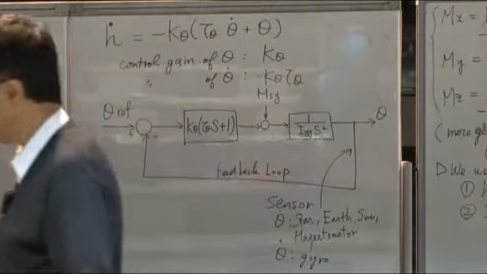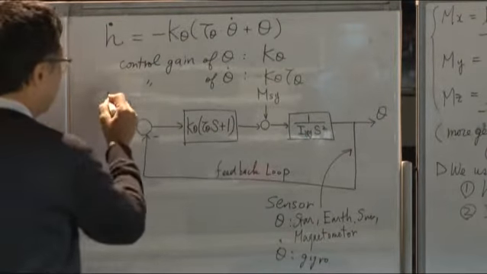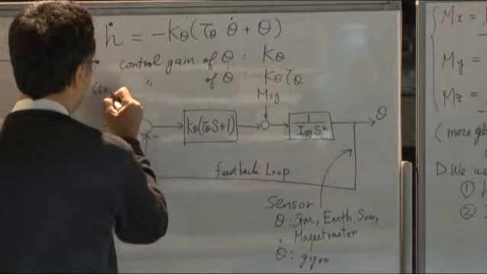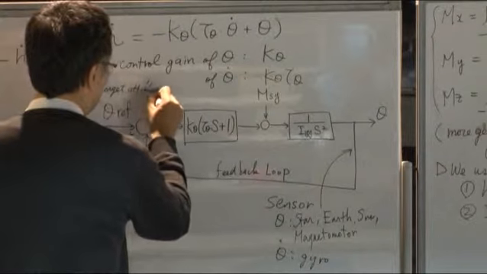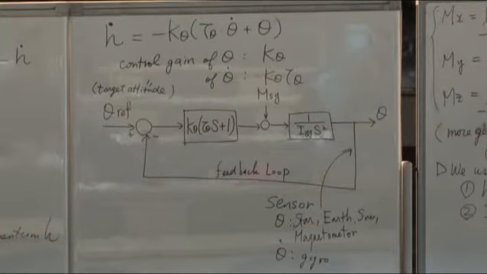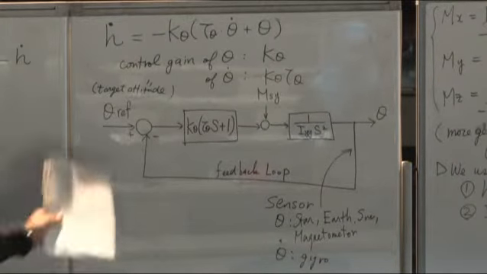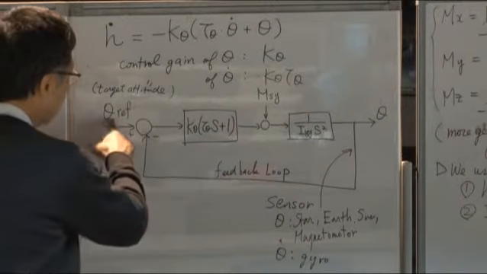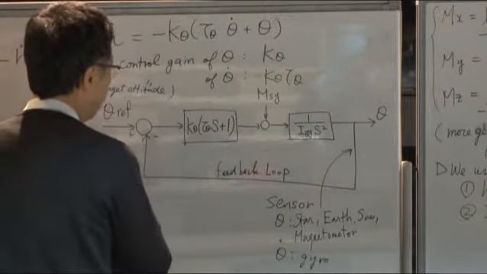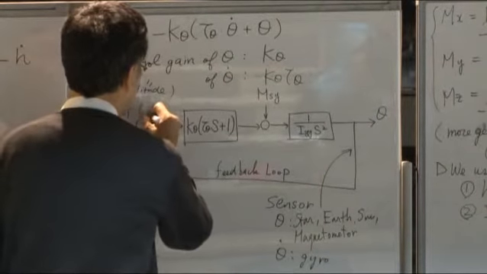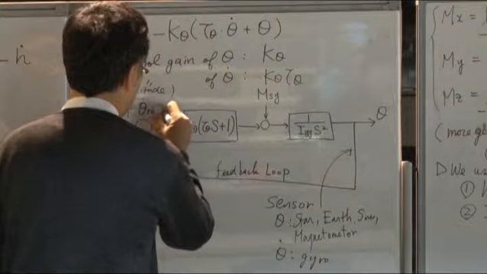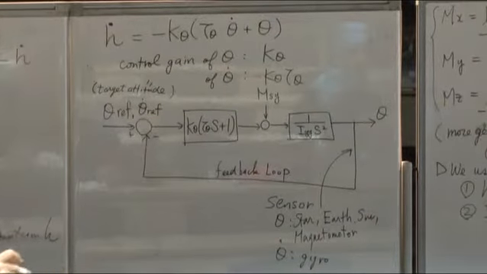And the theta reference is a target attitude. We would like to make the y-axis attitude match theta reference. So this is a target. And in this case, the target for theta dot equals 0. That is theta dot reference, another target.